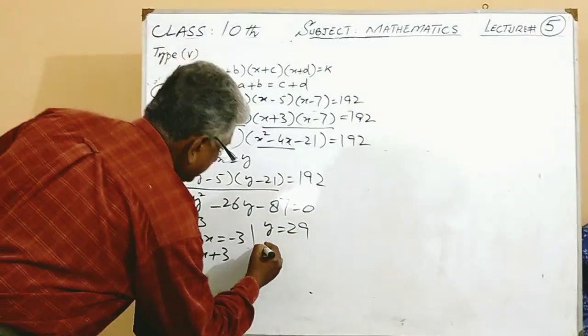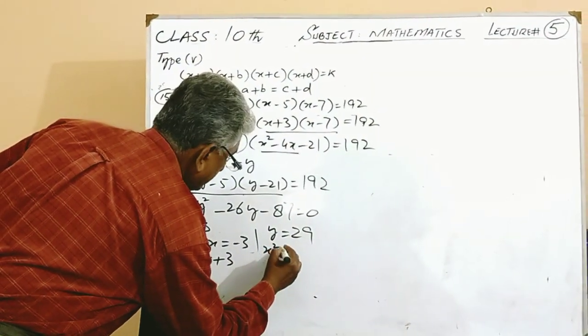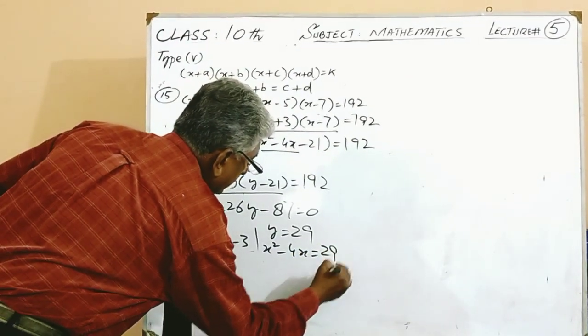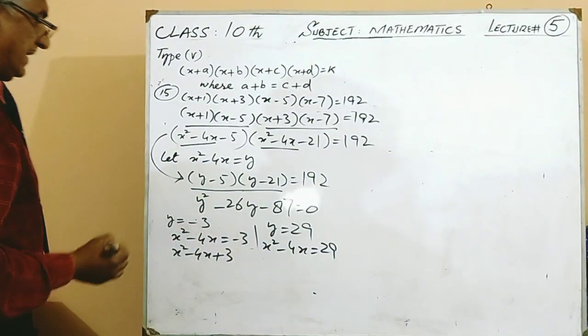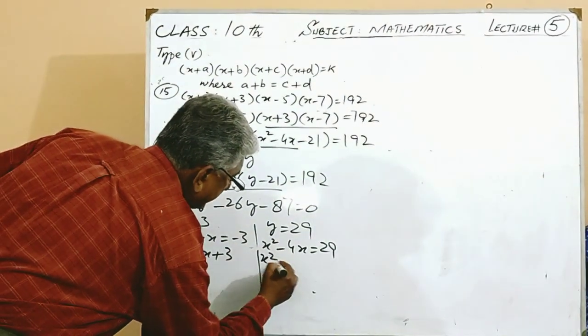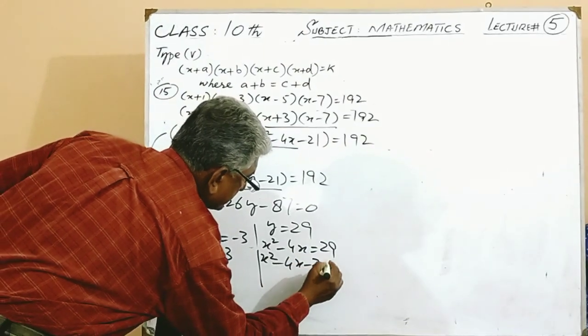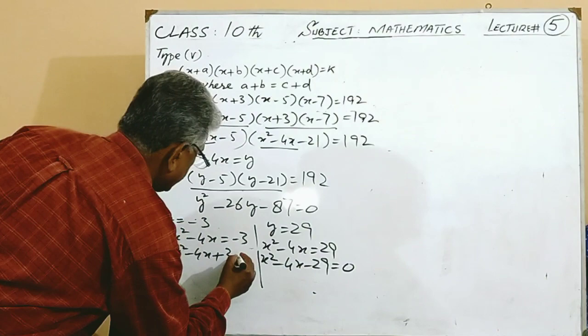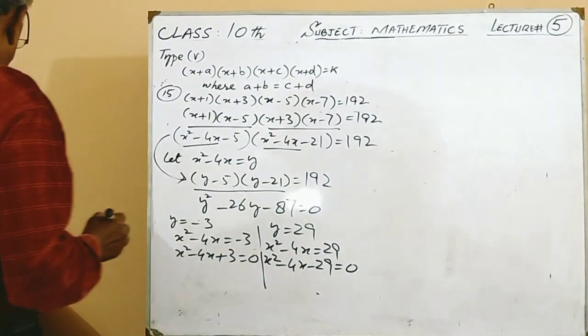Similarly here you have to put the value of y, that is x square minus 4x is equal to 29, and after simplification this is x square minus 4x minus 29 is equal to 0. This is also equal to 0.